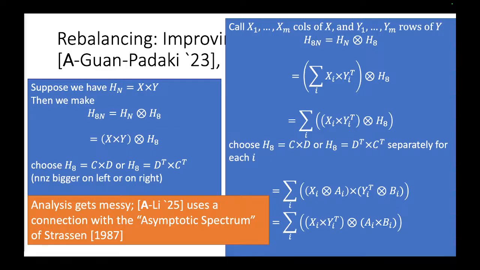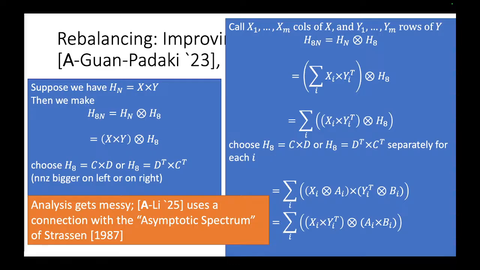And what Baitian found is that the way you analyze these rebalancing strategies can actually be captured by Strassen's theory of the asymptotic spectrum. So we found that in this original paper with Guan and Padaki, we were, in hindsight, reproving special cases of some lemmas from Strassen's theory. This theory gives a really nice, clean way to analyze what happens. If you're familiar with this or you want to know more, I'm happy to chat about it later. But that's the main idea.